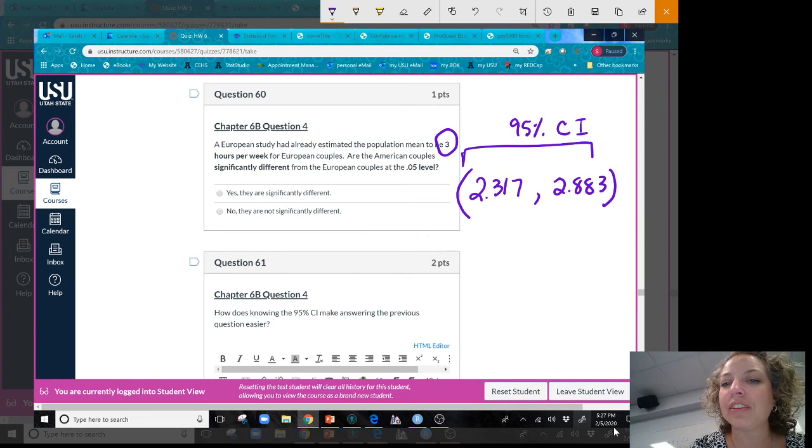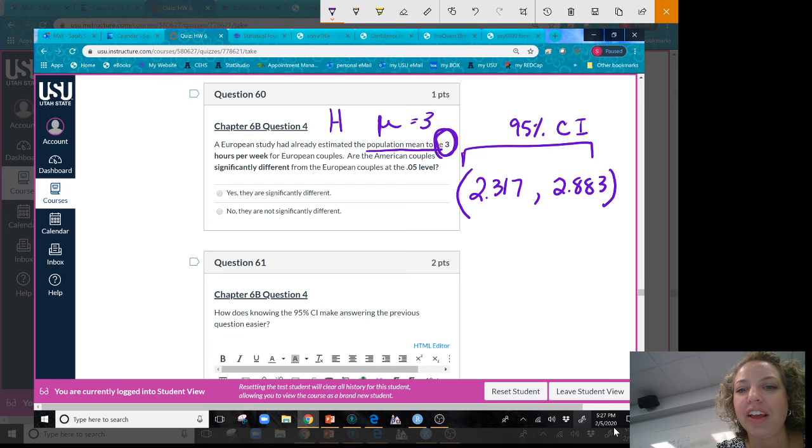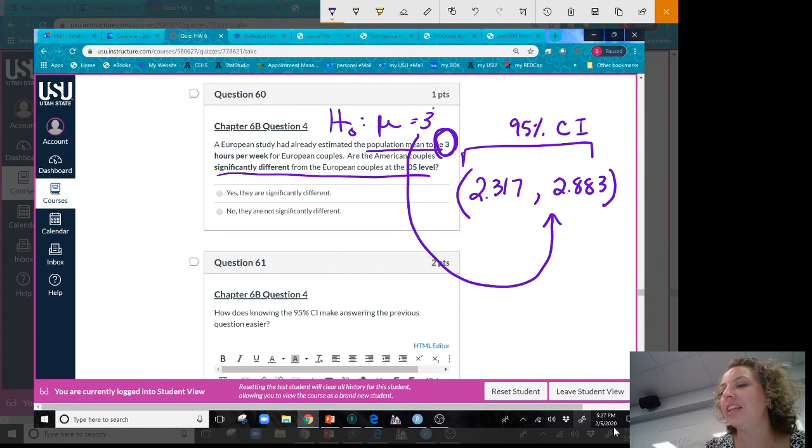Okay. This one asked us, they want to know, the European study had already estimated the population mean mu was 3. They want to know, is it different? Here's the magic number, 3. That's the hypothesized value. Is it inside the interval?